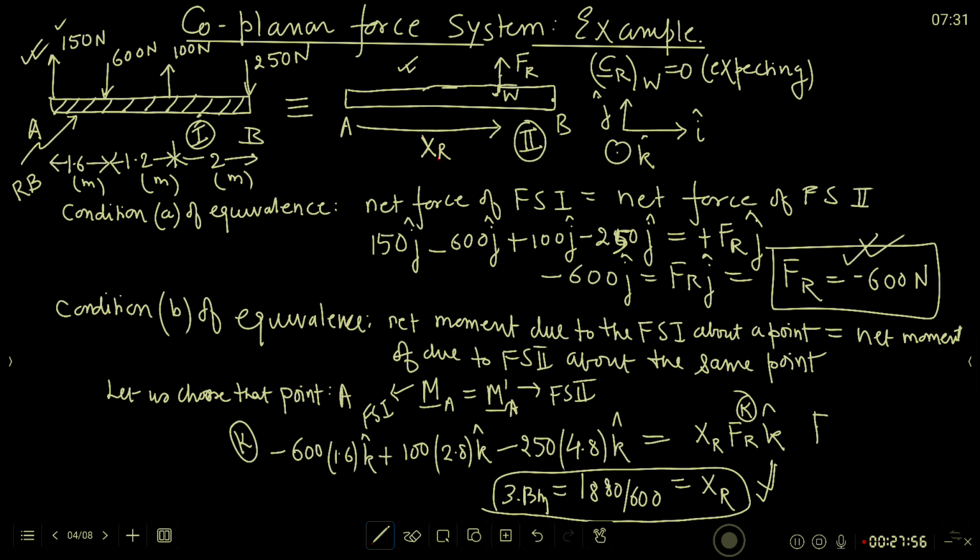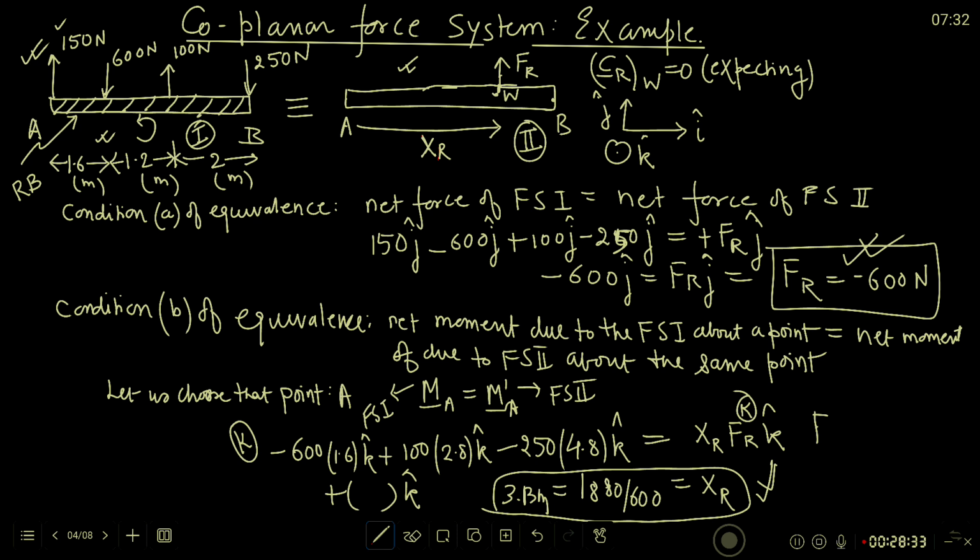Now in this example there were no torques. There were no torques in this FS1. Even if there are torques, since it is a coplanar force system, those torques will be having direction perpendicular to the plane, and they will have some components along K which will add here, and it is easy to see that even in that case, when there are some torques acting along K, you will still end up finding an appropriate value of xr.